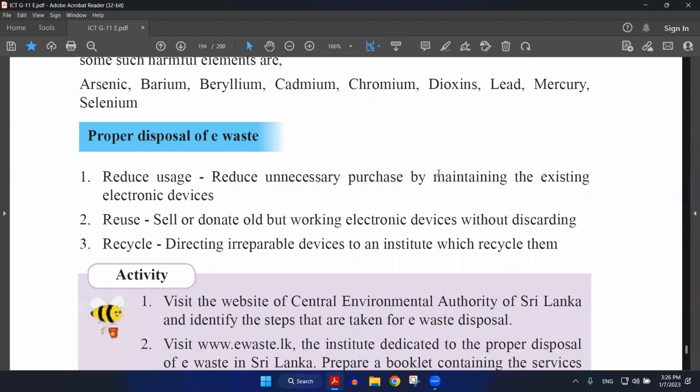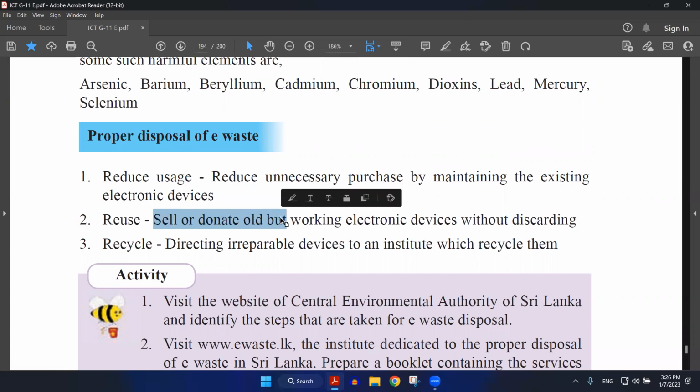If we have any extra devices, we can sell them to someone else or gift them to someone else. In that case, the reuse will happen, right? So you reduce, and at the same time the reuse will happen.